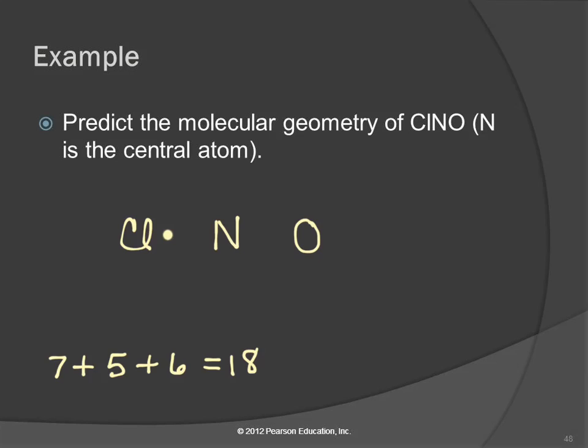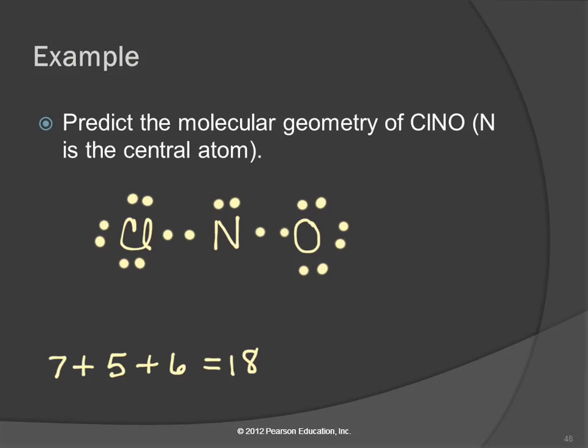So I'm going to start out by putting 2 there and 2 there because I need at least a single bond. So there's 2, 4, 6, 8, 10, 12, 14, 16, 18. Well, we're close. Is everybody happy?